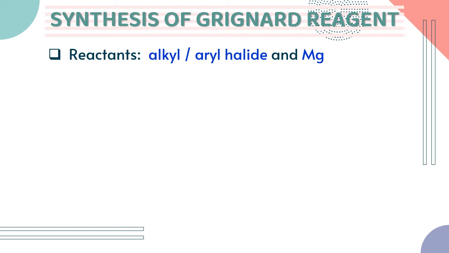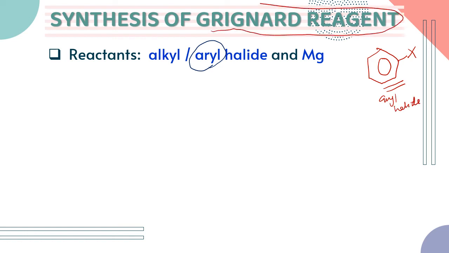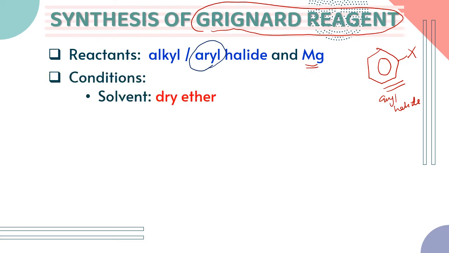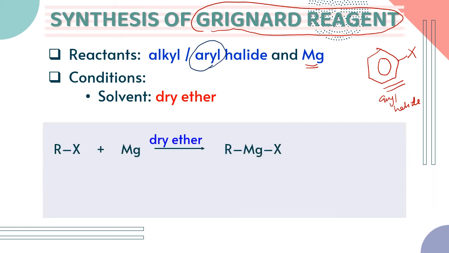If we have an aryl halide over here, meaning it is our benzene with halogen. To produce the Grignard reagent, our haloalkane will react with magnesium. The condition must be dry ether because we don't want any water present. So this will be the reaction.